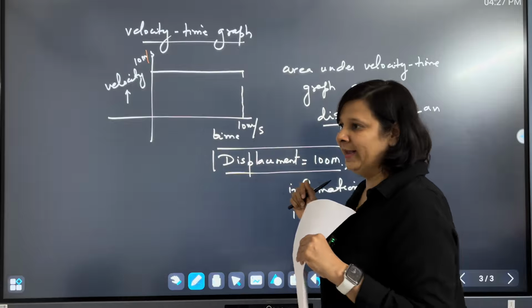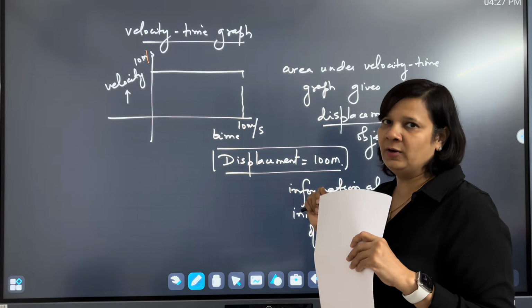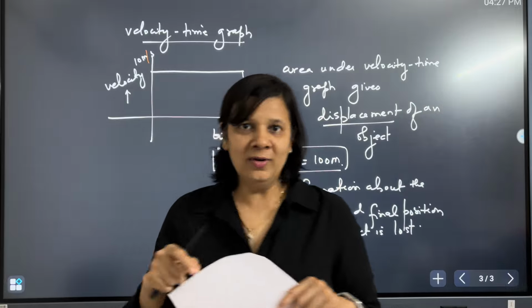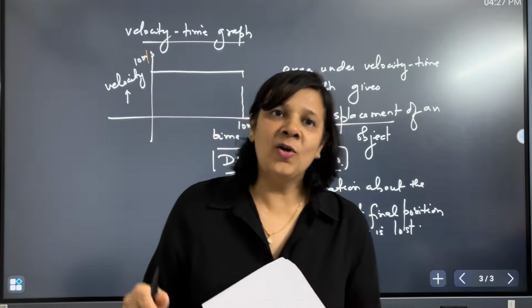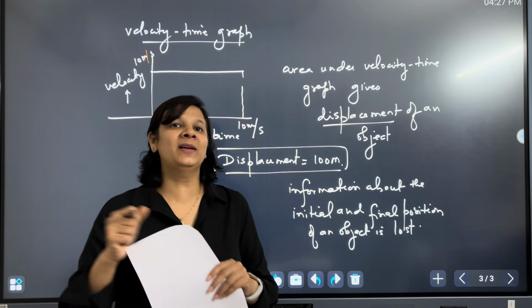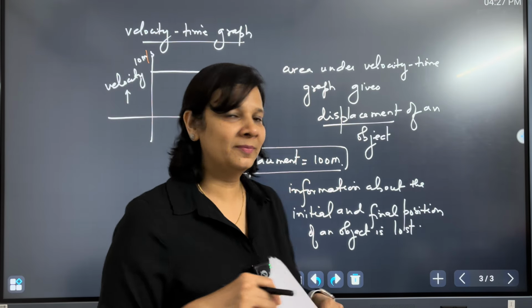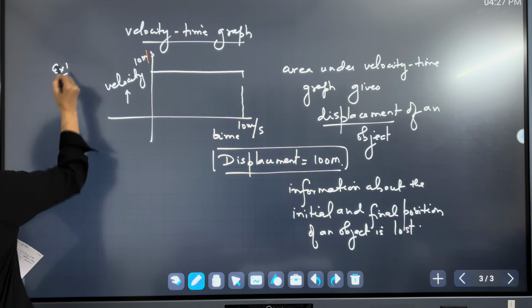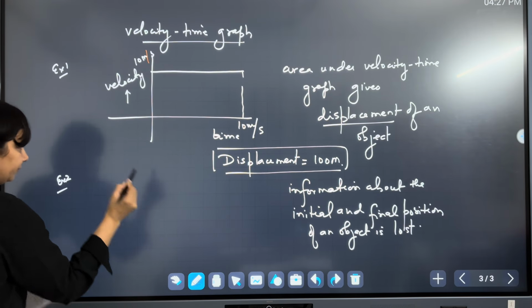It moved with the same velocity but for 5 seconds, right? Now if from the graph you have to tell how much distance and displacement is covered by the object, how will you tell? So this was example 1, this is example 2.